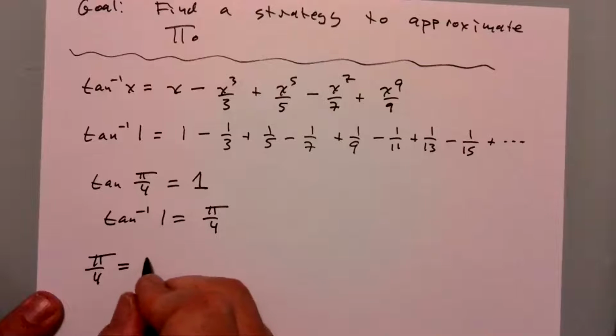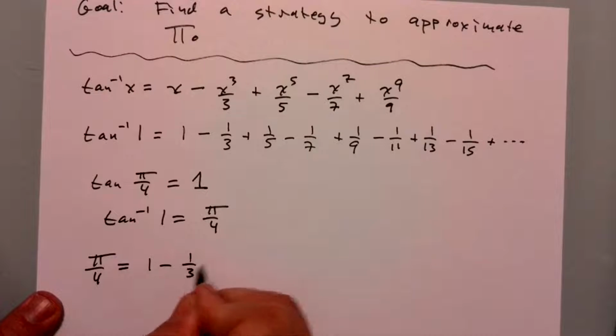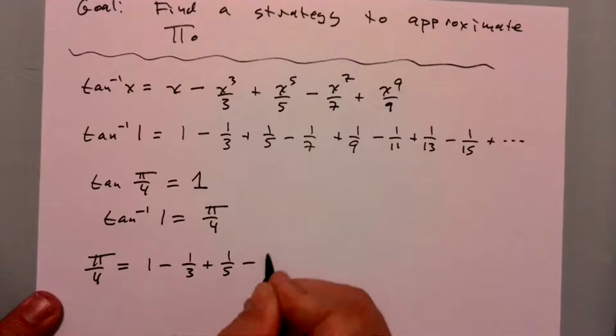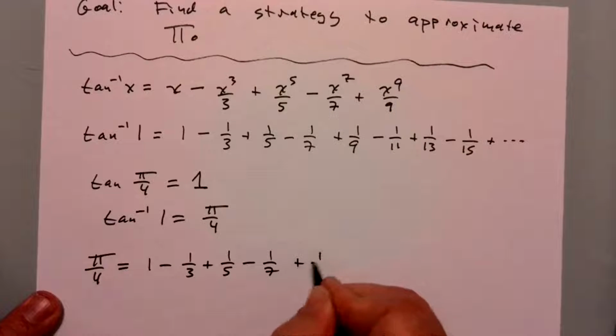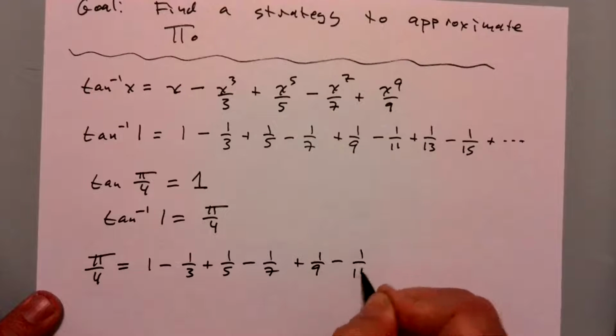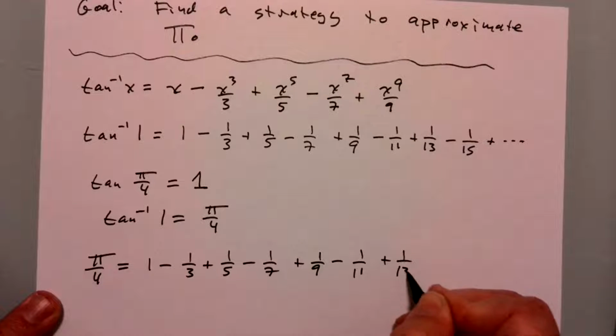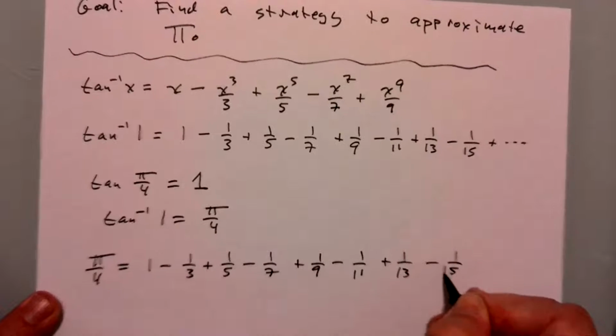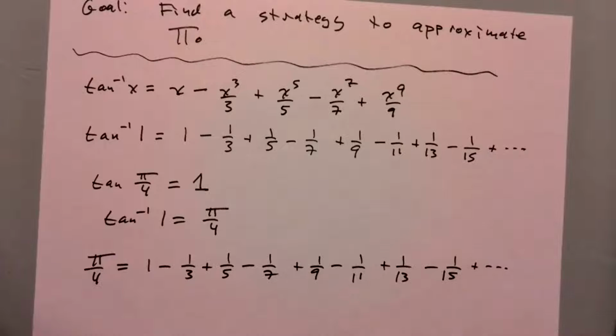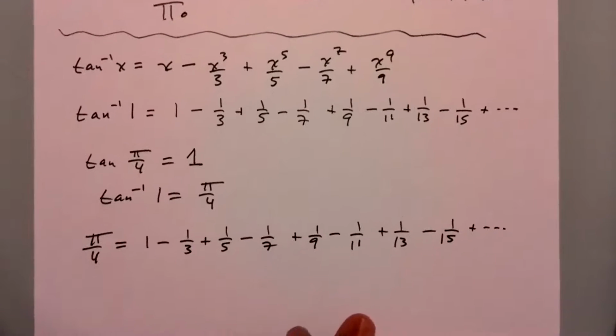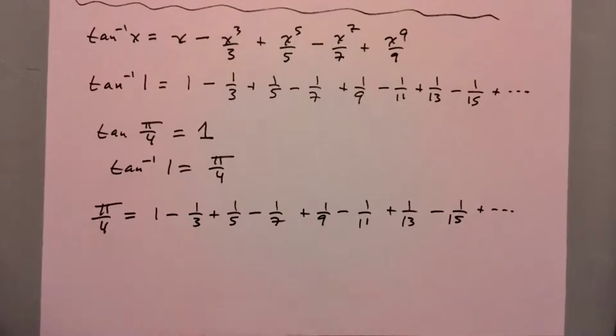So pi over 4 should be 1 minus a third plus a fifth minus a seventh plus a ninth minus 11th plus a 13th minus a 15th. And we could go on forever and ever. If you're on a desert island and you're bored, this would be a way that you could develop pi. Again, a really bad way to develop pi.